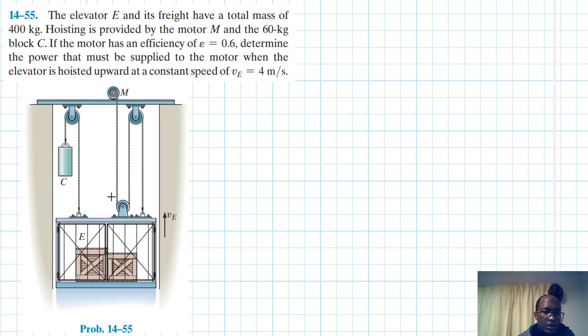So let's say we have the weight. Let's assume it's acting through the center of gravity. Okay, so that's the weight, and let's section these particular cables so as to expose the tension.